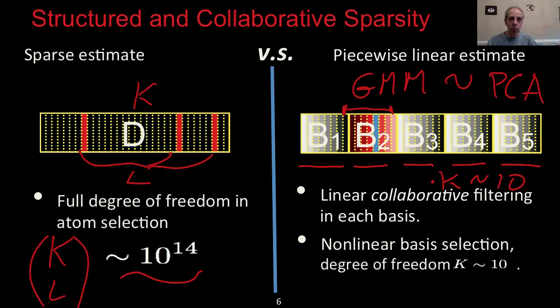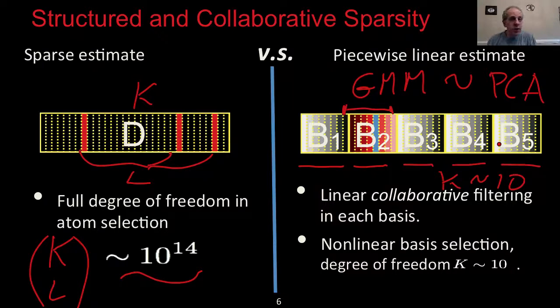You either pick one and none of the others, or you pick the other, but you're not allowed to pick an atom from here, another from here, and another from here. You pick in blocks. Now, of course, as before, there's a lot of very interesting theory here, but it's also very important to know if this is actually useful. If I need 10 million Gaussians, I'm not gaining much.